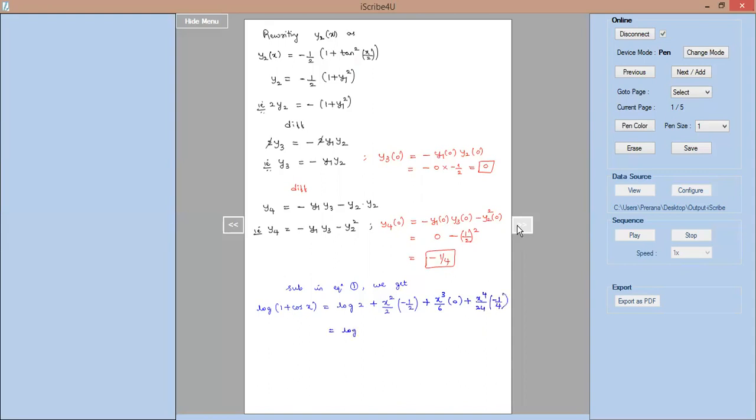So simplifying this, we'll write in one last step: log 2 minus x squared divided by 4 minus x power 4 divided by 24 into 4, 96 it will be. So this is the Maclaurin series expansion for log of 1 plus cos x.